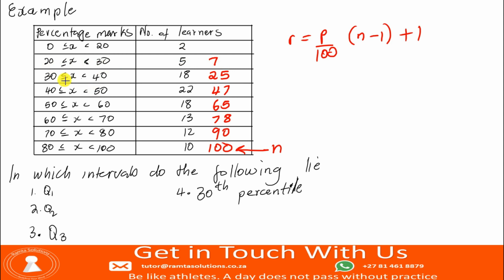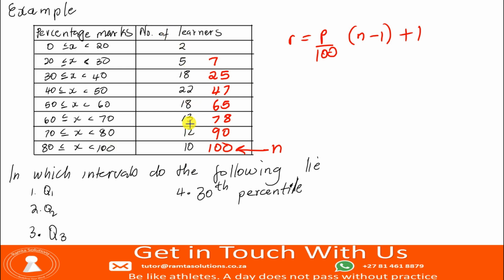Those that got over 30% but less than 40 are 18. However, those that got 40 are 25. Those that got less than 100 were 100, so no one got 100 in this class. Okay, so this is cumulative frequency.